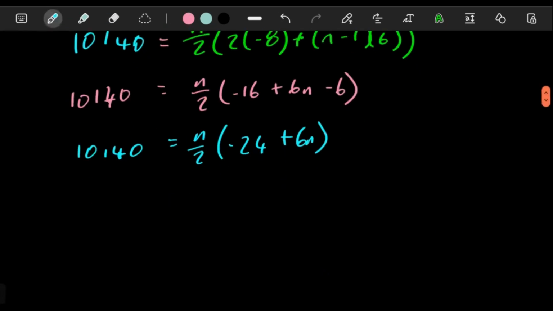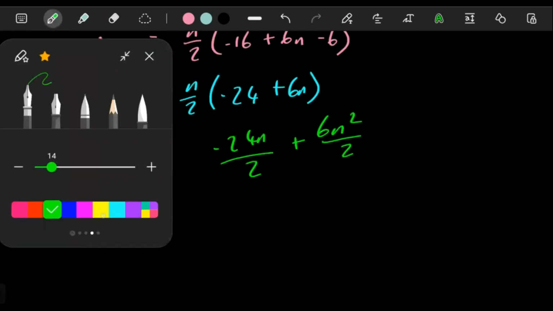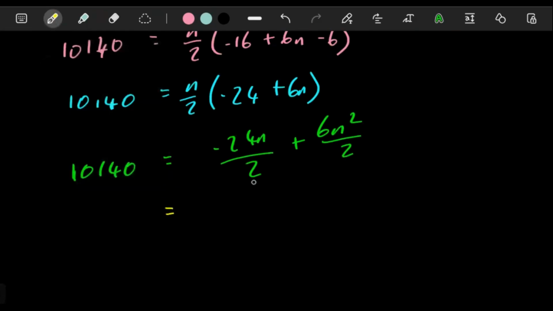So with all this being done, right, let's multiply inside. So we're going to have here -24n over 2. Then we're going to have here 6n squared over 2. 10,140. And then what do we have here?